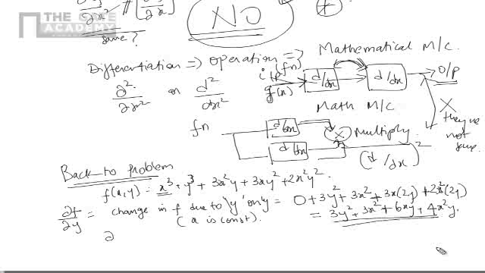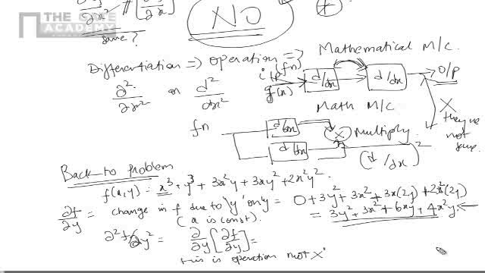Correct? So what is ∂²f/∂y²? This is nothing but ∂/∂y of ∂f/∂y. This is not multiplying, this is an operation, not multiplication.